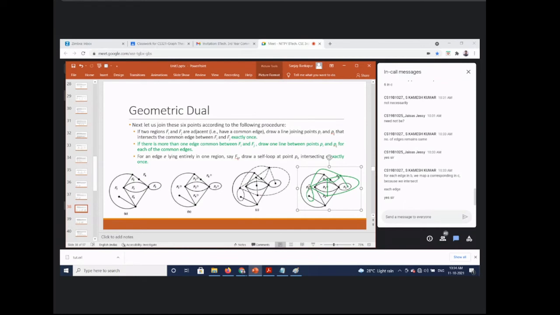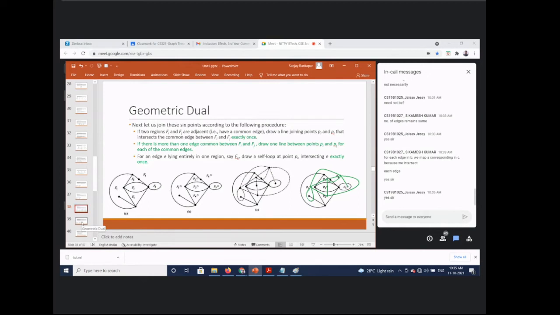This dot is between P1, P2 and P6 only, and this dot is between P2 and P6 only, and this dot is within P6, P2, P3, P4. There is a boundary. That's why the earlier vertices became regions here. So we made three quick good observations. Any questions till now?